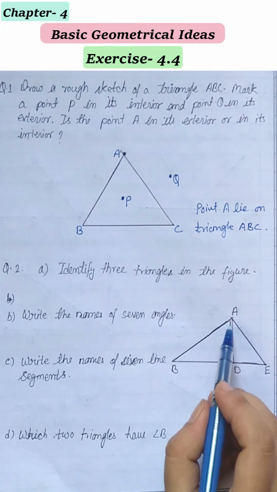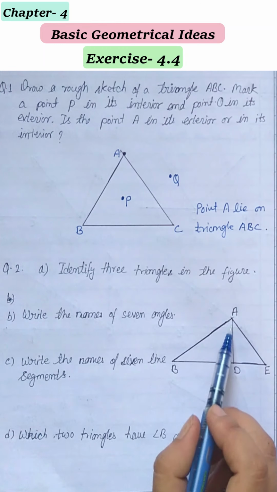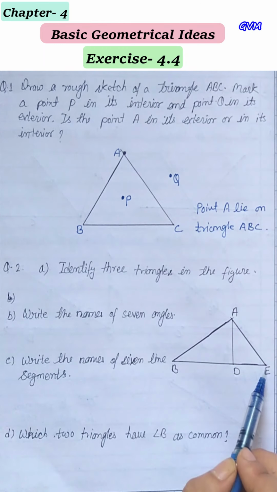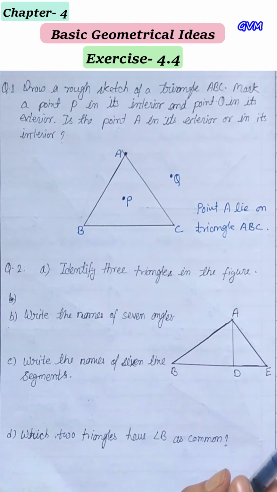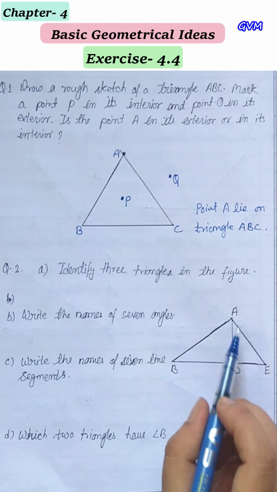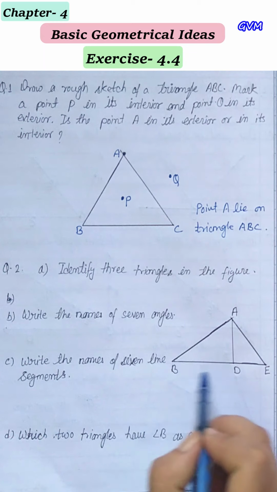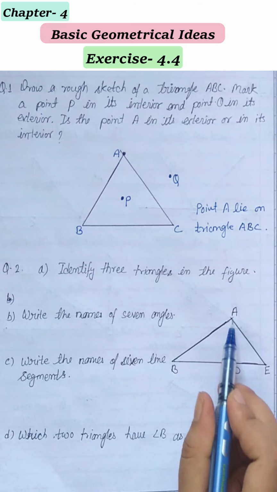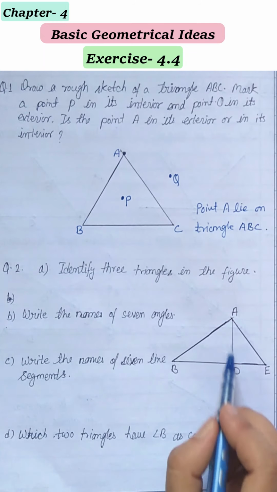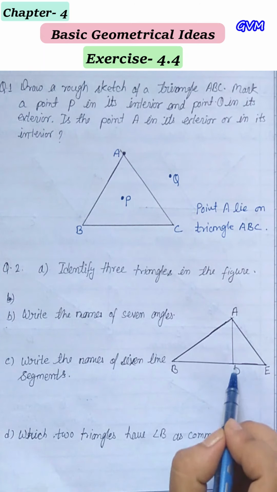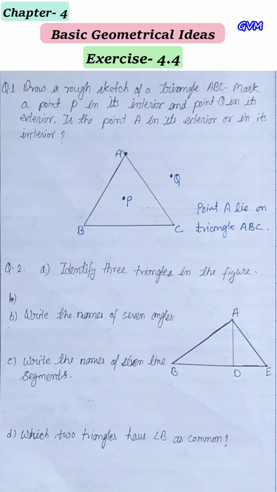So the first triangle, we can see the biggest triangle we have is ABC, the greatest of these 3 triangles. Second triangle we have ABD, this triangle. And the third triangle we have ADE, this one. So these are the 3 triangles we have.